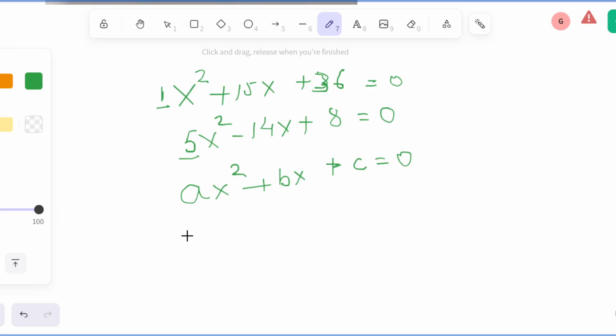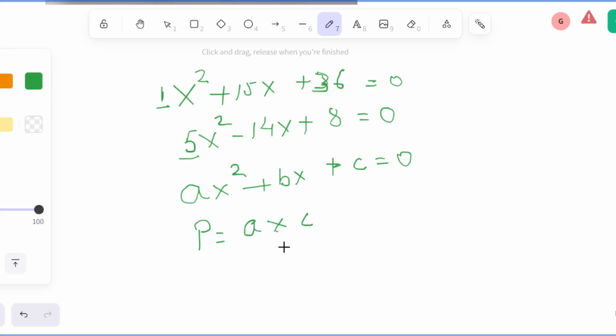So what we do, always remember, we have to find the product of the coefficient of x square and the constant term, that is a times c. Here the coefficient of x square is a and the constant term is c.